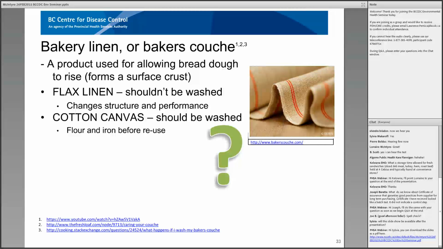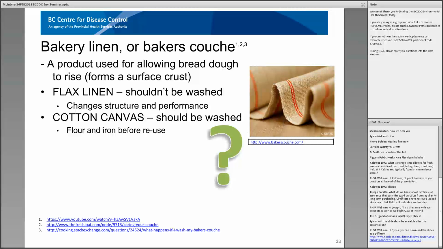Okay, so anyways, this product, as I mentioned, allows a crust to form on the bread. And there's actually two types of bakery couches, flax linen and cotton canvas. In the blog sites, because we couldn't find any peer-reviewed literature on this, for flax linens, all the chef blog sites said they shouldn't be washed because it changes the structure and performance of the linen, and then it gets all wrinkly and you just can't use it anymore.